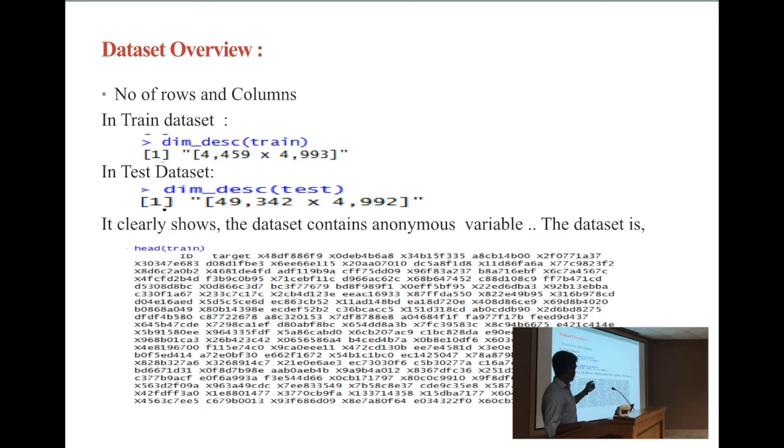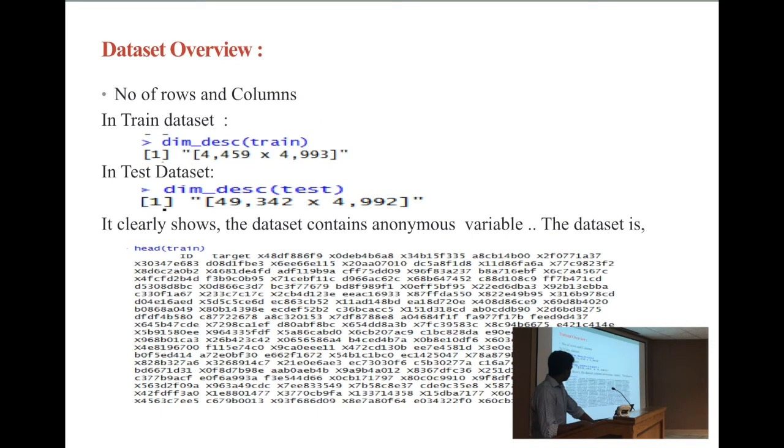For example, for the next column, they have some value like 10 or 20 for each and every customer. So this is the data set. These are the columns, not values: ID, target, and the other variables.